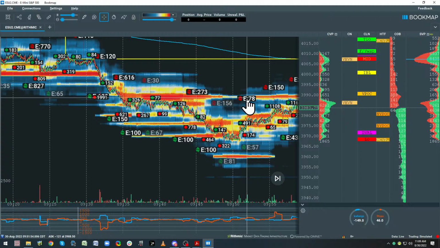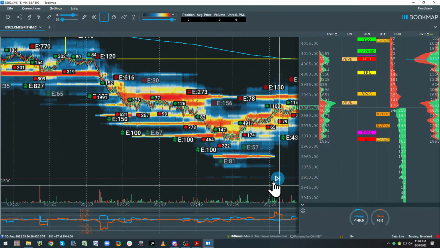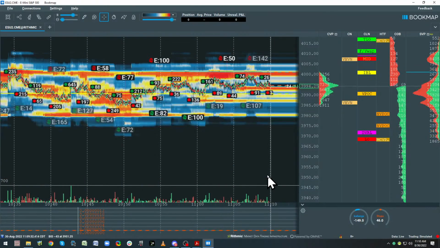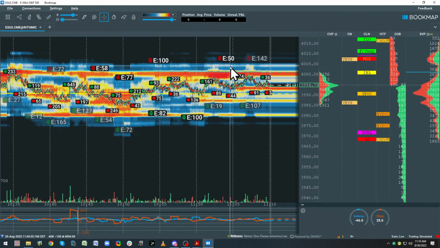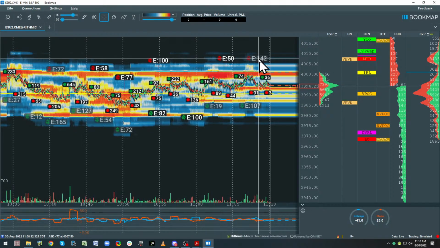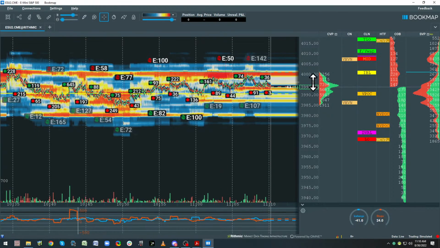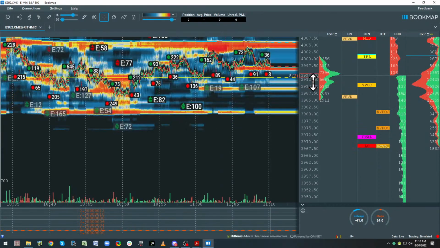So I have to be super cautious, and for me, I don't get involved here. Again, not a recommendation, because if I do get involved, I have to remember where the stops are: 4000 up above here, up above the VWAP. Now, it's not that I can't dance in here. I can. But I have to not forget.